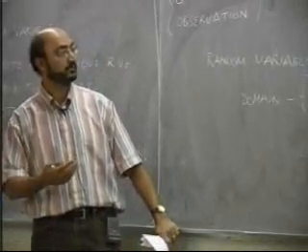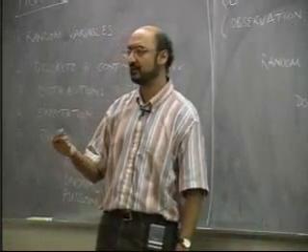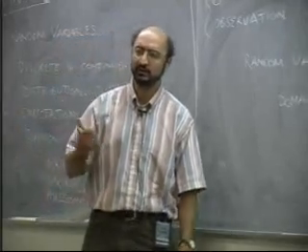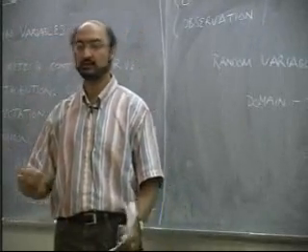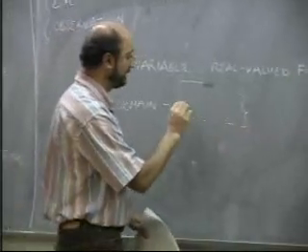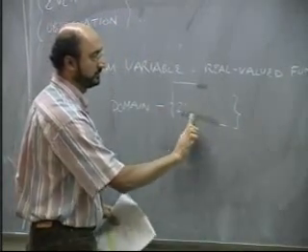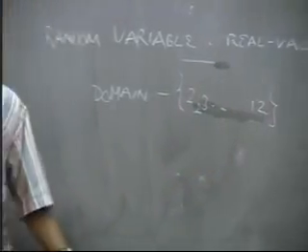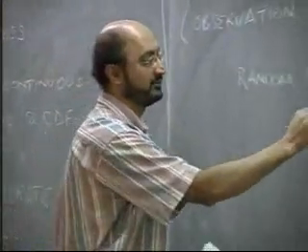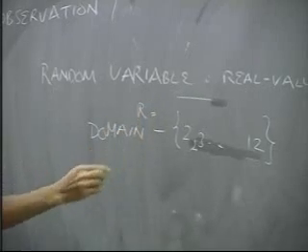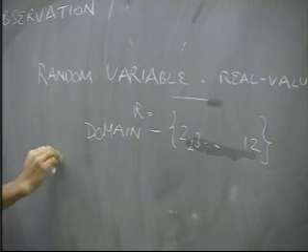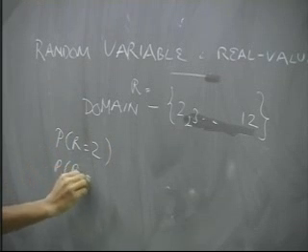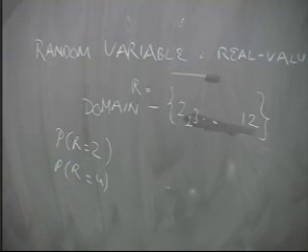So we can look at the probability that the random variable, that is the sum, assumes a value of 2, of 3, of 4, etc., all the way up to 12. And so we can see that the domain in this case is 2, 3 up to 12. And then we have some probability. We can define the random variable r, for example, and see the probability that r equals 2, or the probability that r equals 4, which is what we talked about earlier.